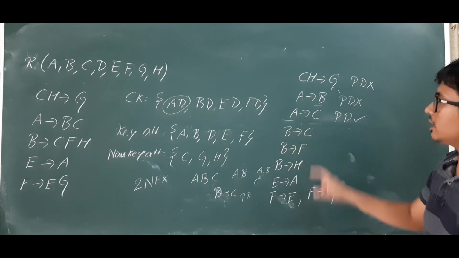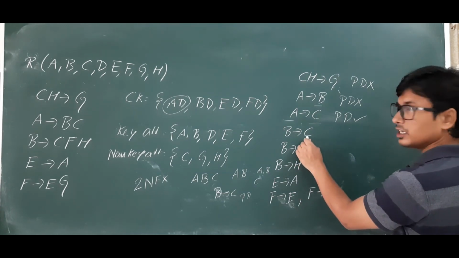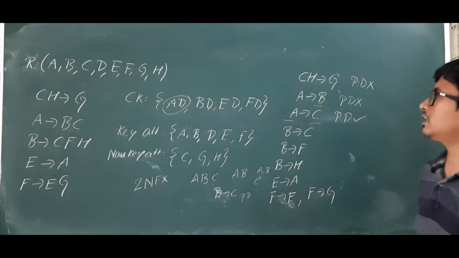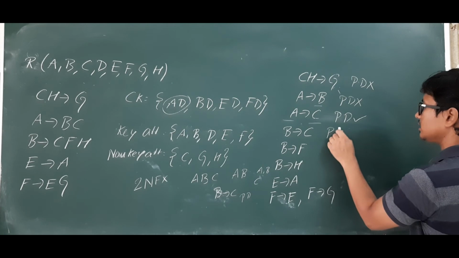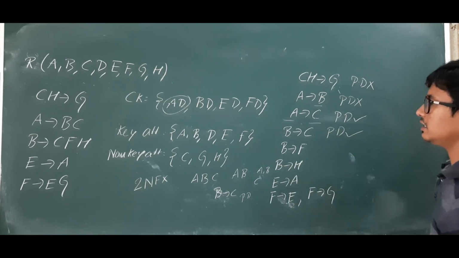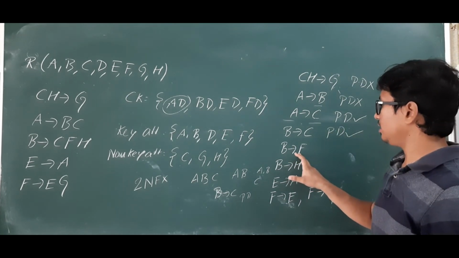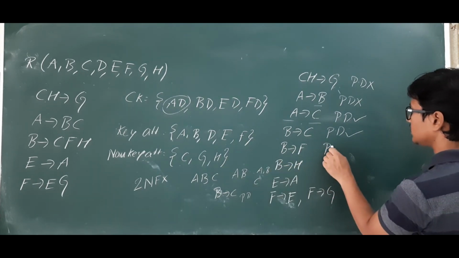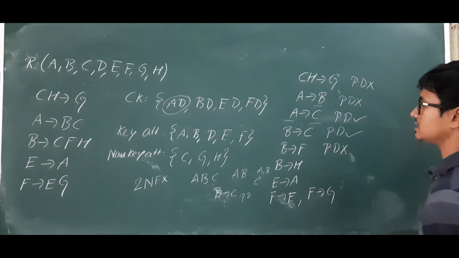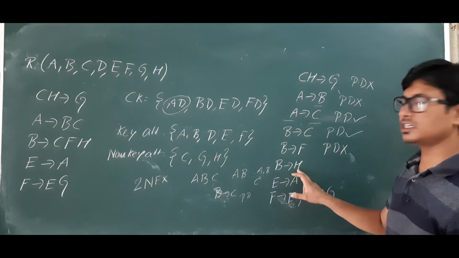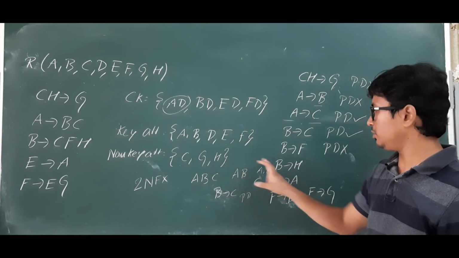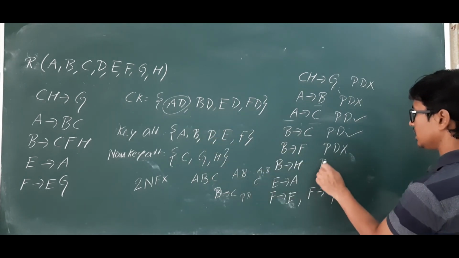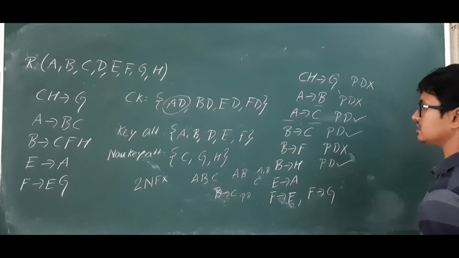But for a better understanding, I will find out which are partial dependencies and which are not. B determines C is there. C is a non-prime attribute and B is a part of the candidate key BD. So it is a partial dependency. Now B determines F. F is a prime attribute, so it is not a partial dependency. B determines H. H is a non-prime attribute and B is a part of the candidate key, so it is a partial dependency.